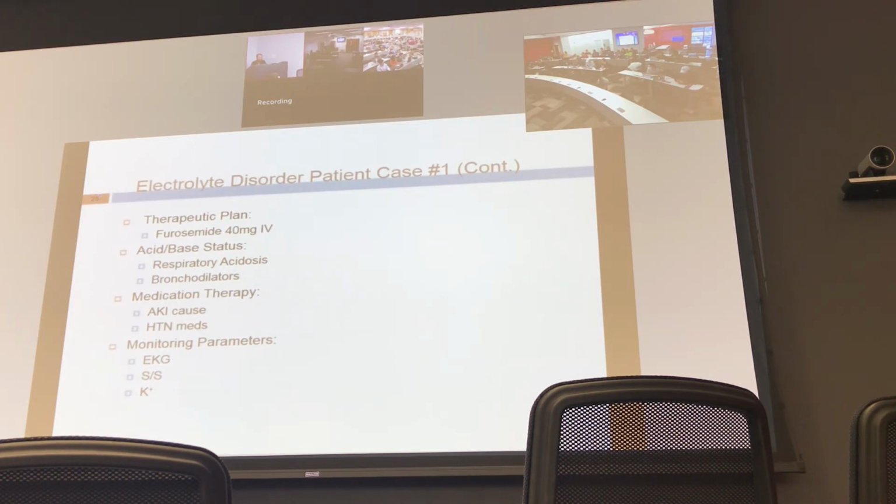Lab values that you can look at: normally in a euvolemic patient, your ratio of BUN to serum creatinine is between 10 and 20 to 1. So if your serum creatinine is 1.0, your BUN should be between 10 and 20. If you have a serum creatinine of 1 and your BUN is 30, sometimes that is caused by hypovolemia, so dehydration.